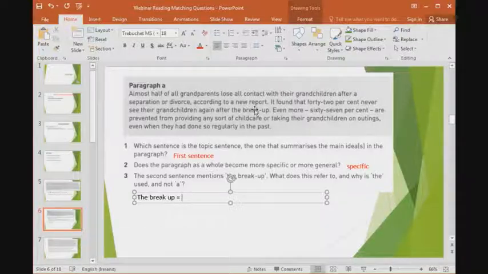So here, the breakup, what is it referring to? Yes, so if a boyfriend and girlfriend, if they break up, means they split up. Yeah, so they are no longer together.